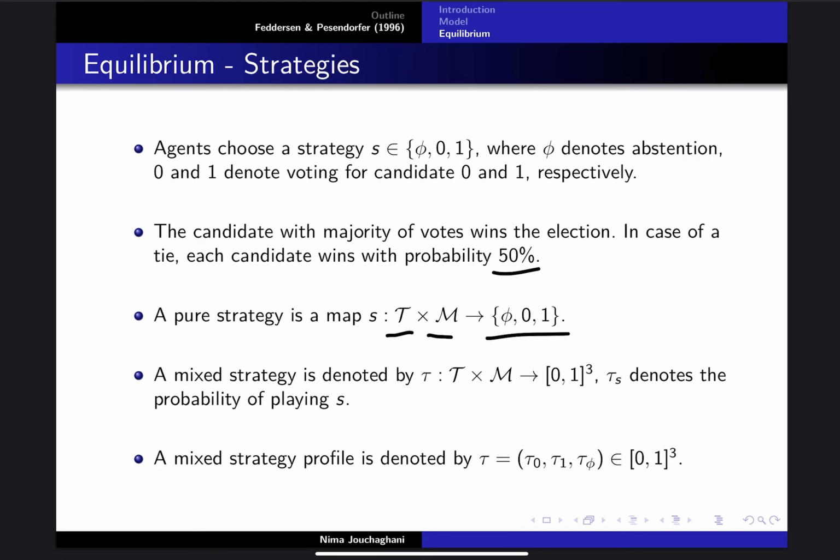Furthermore, we will consider mixed strategies, and a mixed strategy is a mapping tau, which maps from the type space and the message space into the 3-simplex. So it determines a probability distribution over the set of pure strategies, and tau s denotes the probability of playing strategy S. For further notation, tau itself is a strategy profile, so it gives you the full probability distributions over the pure strategy set for an agent.